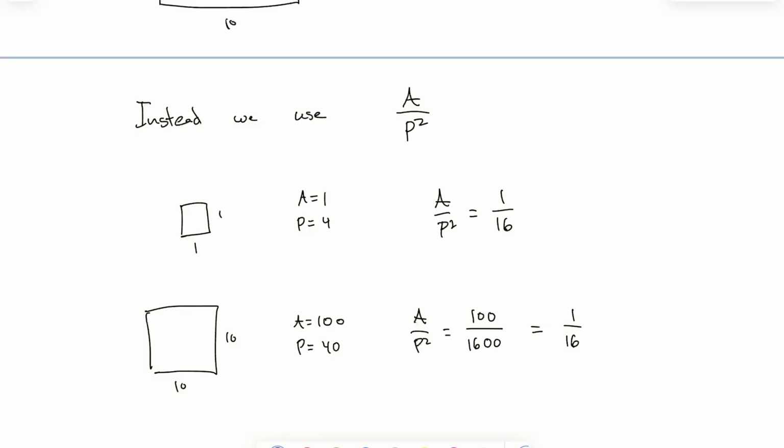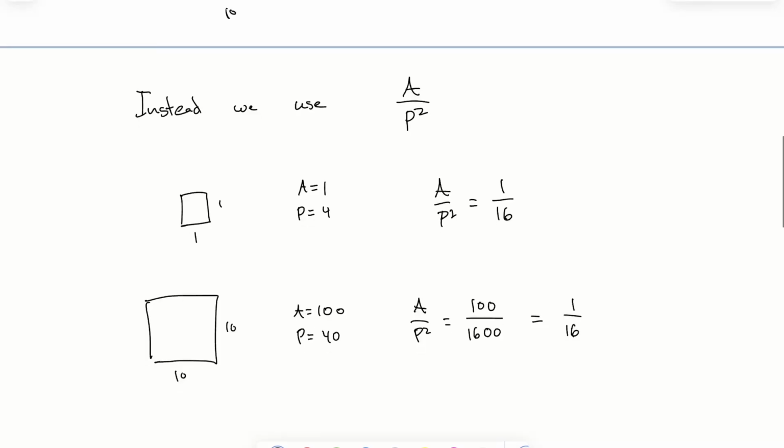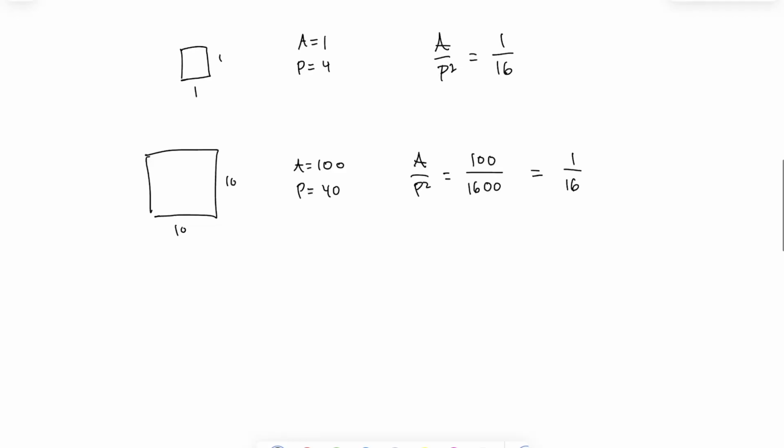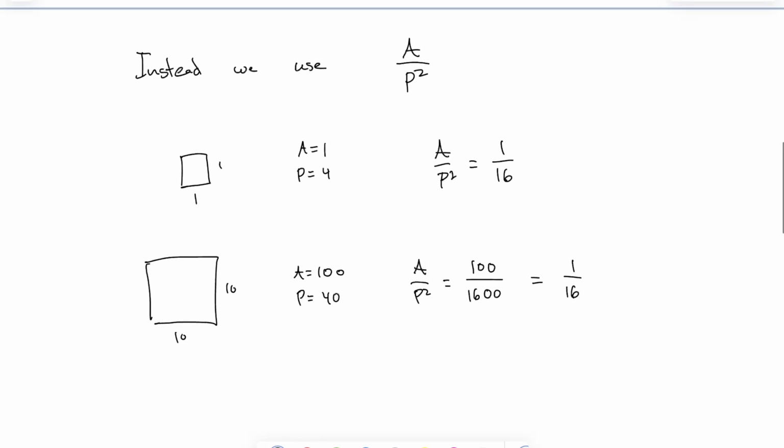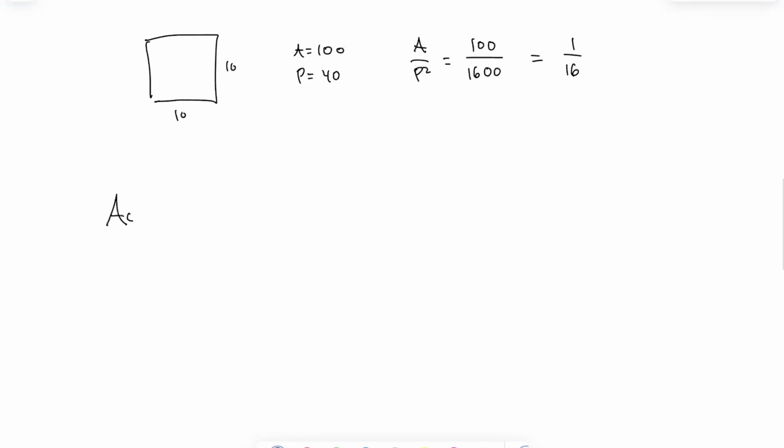Now, unfortunately, one more slight technicality. Here is the real definition. I'm going to write it as IQ, for isoperimetric quotient, and this is the formula you should memorize.